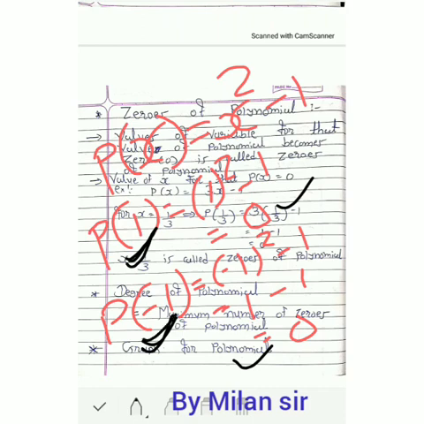So two things are there. One is zeros of a polynomial and the second thing is the number of zeros of a polynomial. Now zeros of the polynomial means here 1 and minus 1. But if you say number of zeros, how many zeros can you find? That is 2. Okay, so the number of zeros of the polynomial is 2.